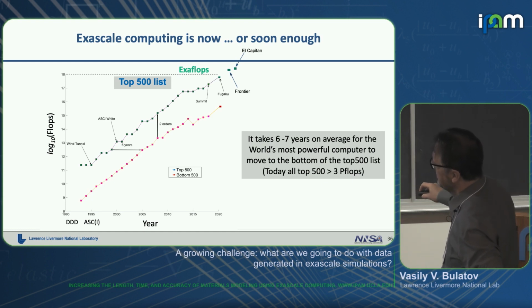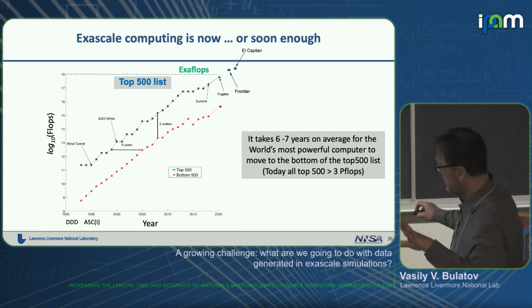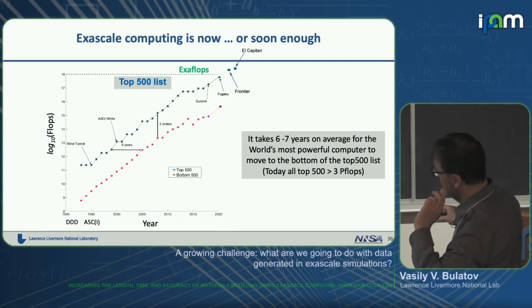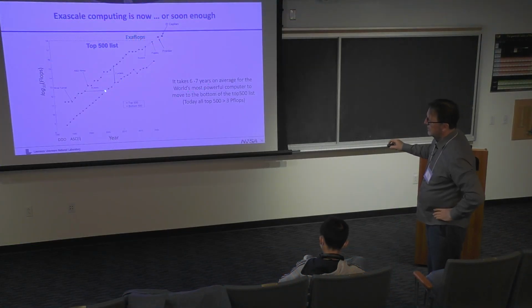So you see a difference of 2 orders of magnitude in theoretical peak performance between the top at this moment and the bottom of the top 500 at this moment, right? What's probably even more interesting is that there is a relatively consistent time lag. A computer that was tops then will go down to the bottom of the same list in about 6 years.